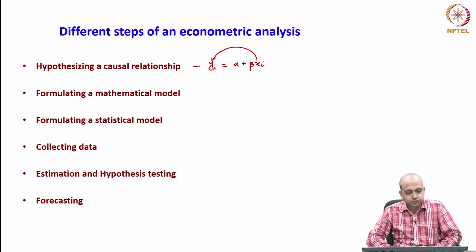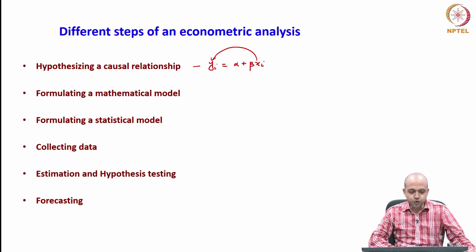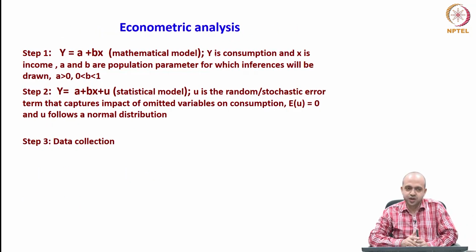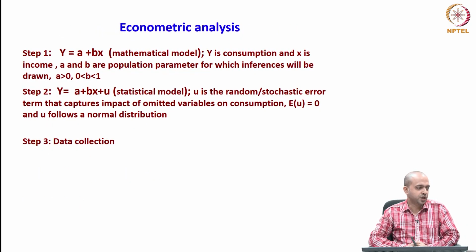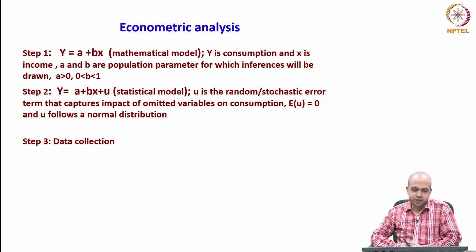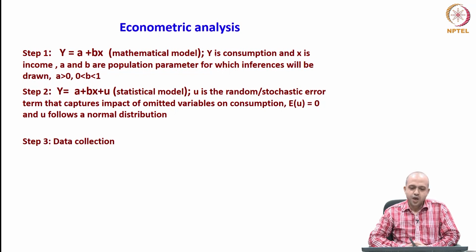Actually, he made this hypothesis, and then once you made the hypothesis, you have to make the mathematical model, which is the second step. This is the second step, formulating a mathematical model, y equals alpha plus beta x, right, where y is consumption, x is income, and look at the restriction we are imposing on alpha and beta.